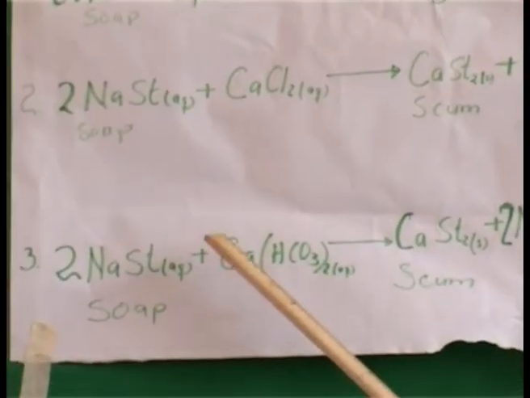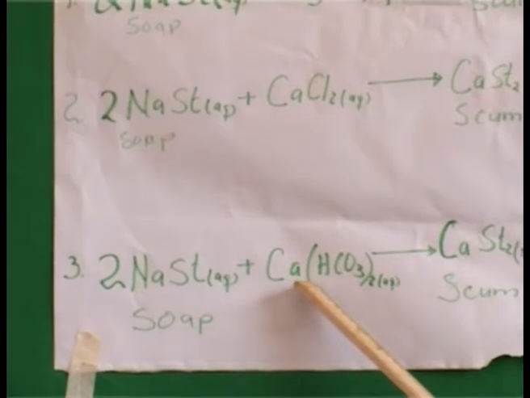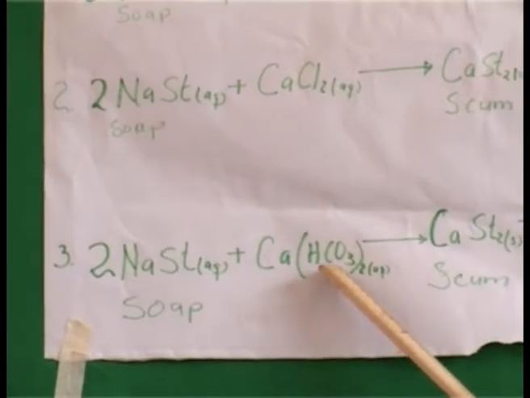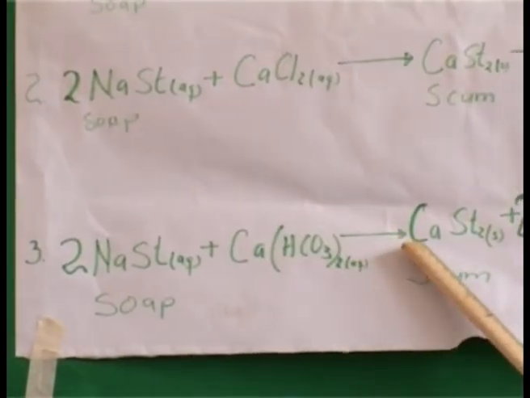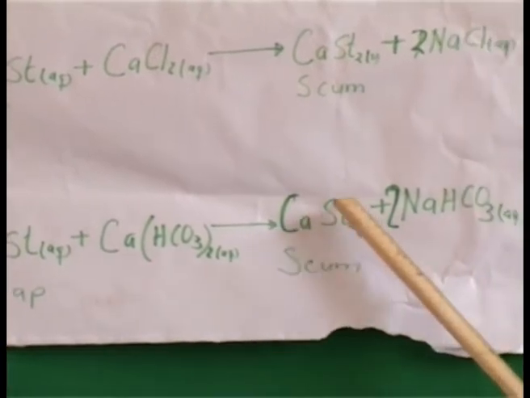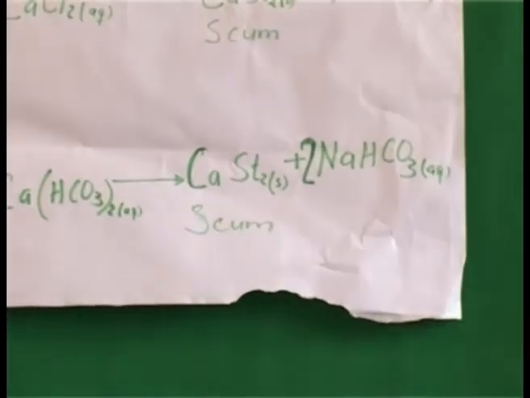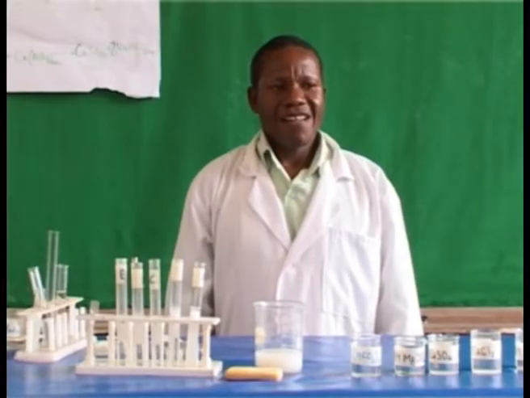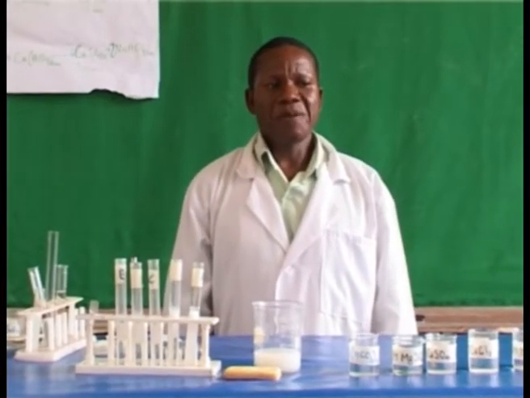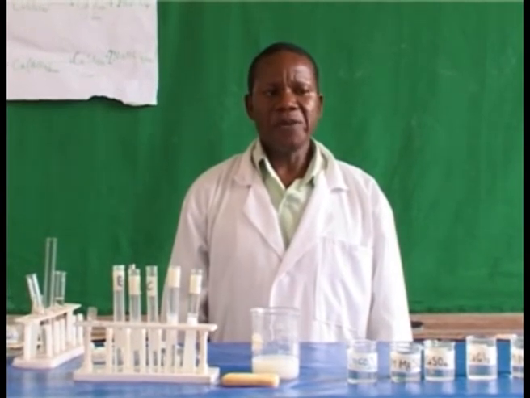The same when we use calcium hydrogen carbonate, which forms calcium stearate, which is scum, and soluble sodium hydrogen carbonate solution. Hardness of water is due to the presence of calcium ion or magnesium ion, which react with soap to form an insoluble substance called scum.